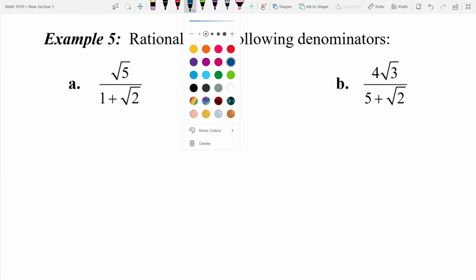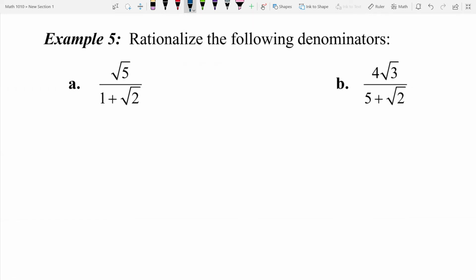Example 5a. This is wrong. Look right here. Multiply top and bottom by the square root of 2. That's not right. The reason is the bottom is 2 terms. Everybody take your pencil right now, draw an arrow right there, and I want you to say 2 terms.